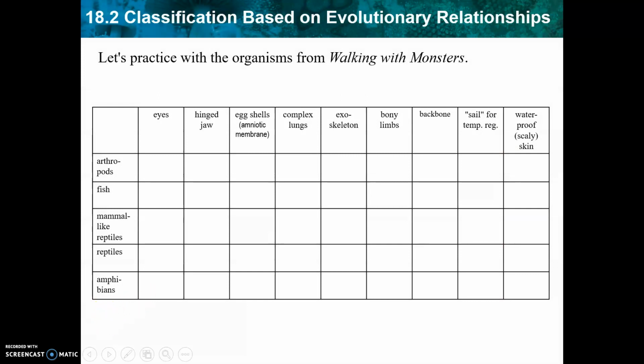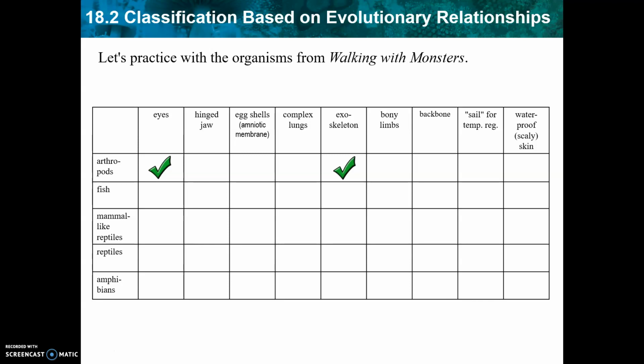Okay, so hopefully you have a completed cladogram at this point. So let's go through our organisms and our derived traits here and see what we have. We're going to start with arthropods. Arthropods had eyes and an exoskeleton, and that's pretty much it. They don't really have a hinged jaw.